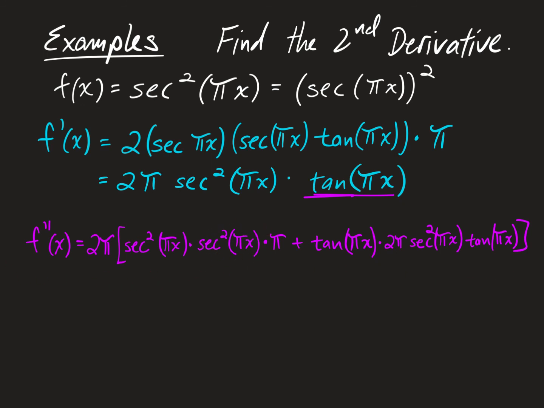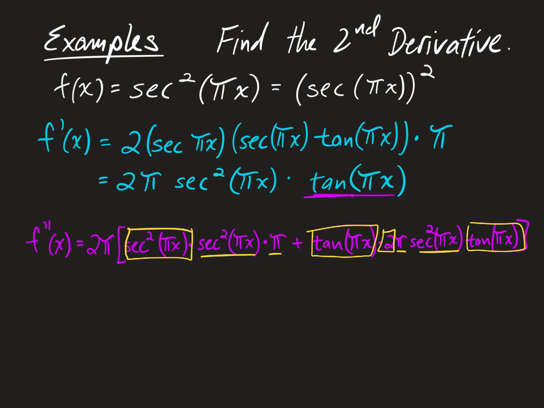I'm going to do some factoring because I realize I can take a secant squared pi x and a pi out of each of these terms. I can combine these tangent pi x's here, and I can have the secant squared alone in that first term.